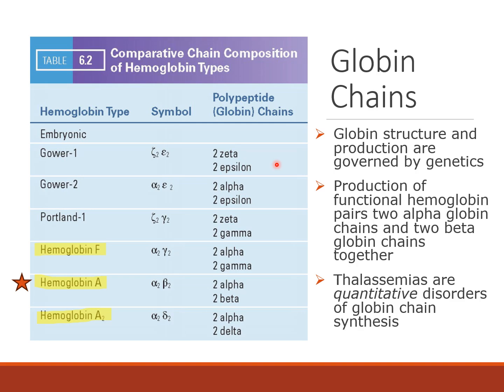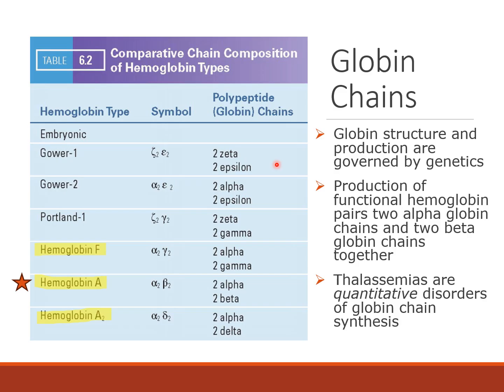So if we have, for example, an alpha thalassemia with a complete deletion of alpha globin chains, we cannot actually have hemoglobin of any sort. We're going to talk about that moving forward. But just a reminder that alpha chains are imperative. Without alpha chains, there are no types of hemoglobin.